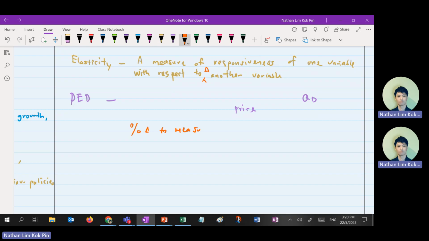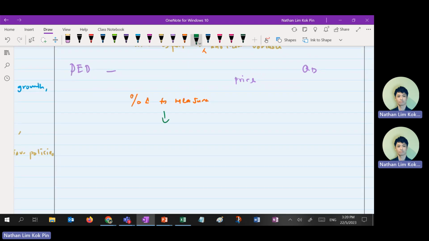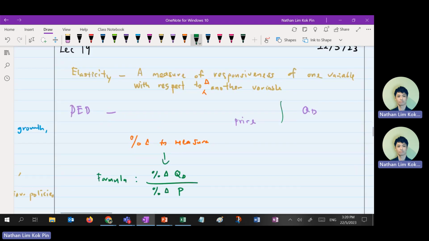And because of that, we further derive the formula of PED, which is, what's the PED formula? Percentage change in QD with respect to percentage change in price.